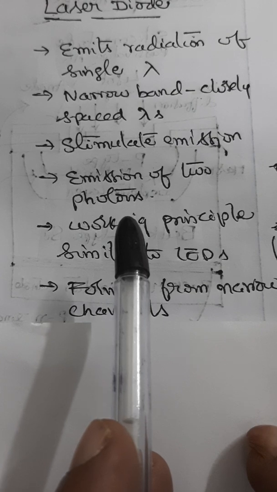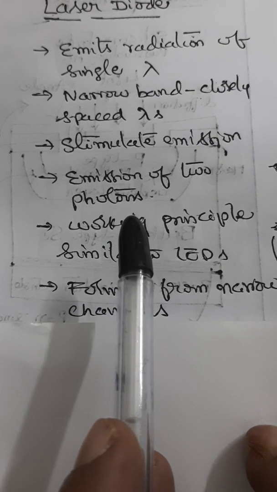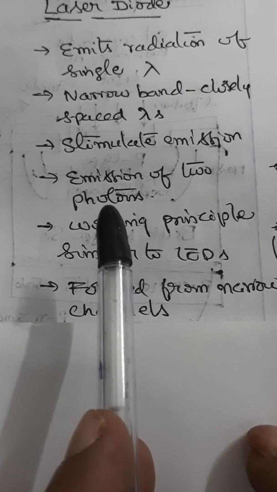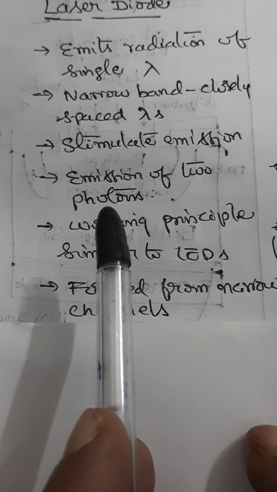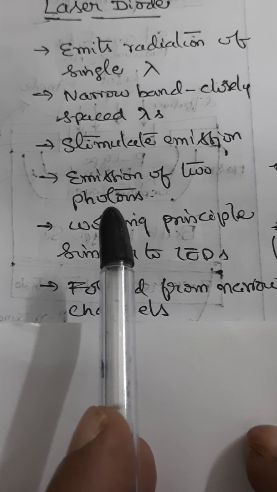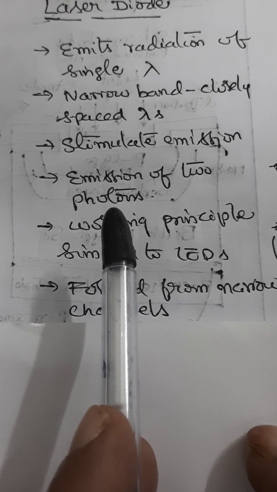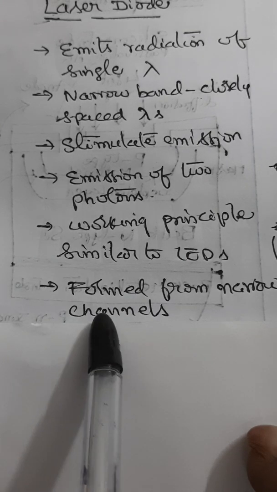In this, when an incident photon strikes the semiconductor atom, the electrons at higher energy level recombine with the lower energy level holes. Due to this, two photons are emitted, one incident photon and the other emitted due to the recombination of electrons and holes.